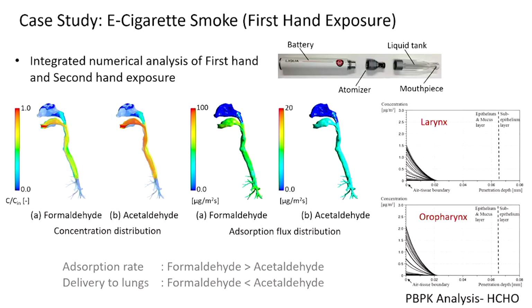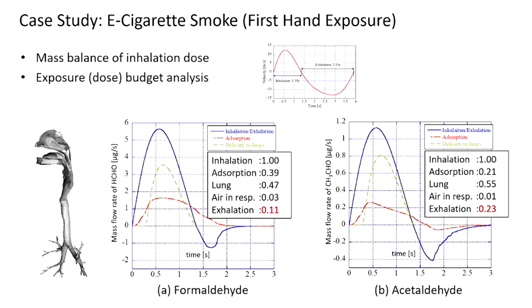By integrating the PBPK model into this respiratory tract model, we can analyze the concentration profile inside the tissue of the respiratory tract. And this is a result of exposure budget analysis.